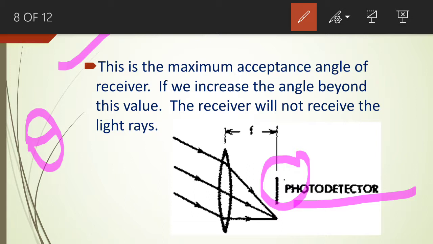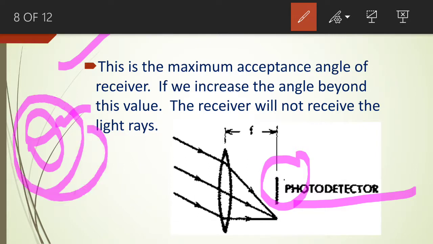We should not increase the angle beyond the maximum acceptance angle, because the receiver will not be able to receive the light rays in that particular case.